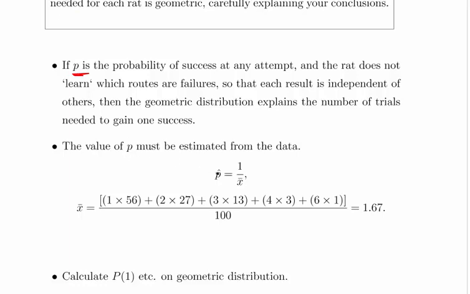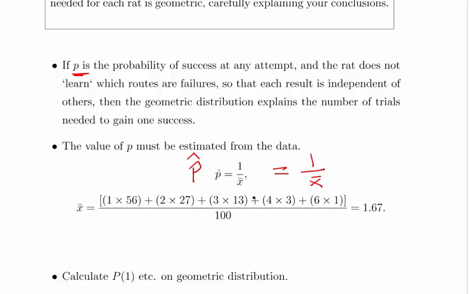So what we're going to do here is estimate the value of p hat, which is equal to 1 over the mean. So we have to calculate the mean number of attempts: 1 times 56 plus 2 times 27 plus 3 times 13, 4 times 3, plus 6 times 1.